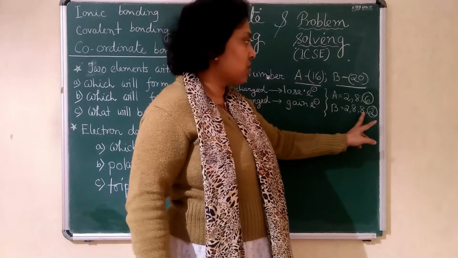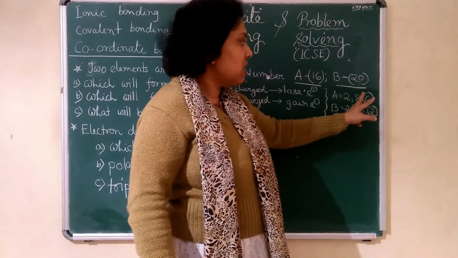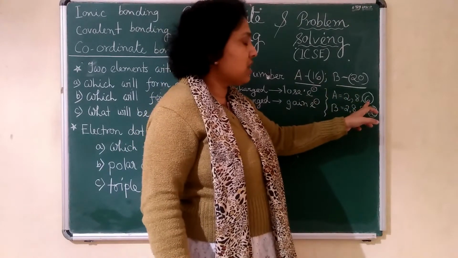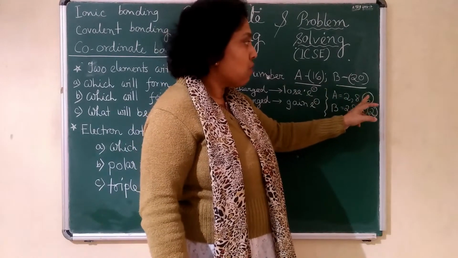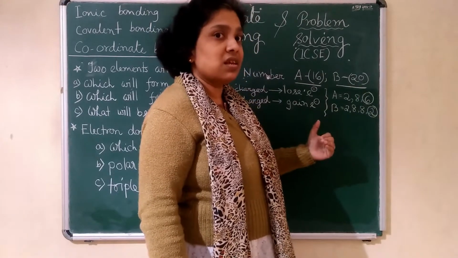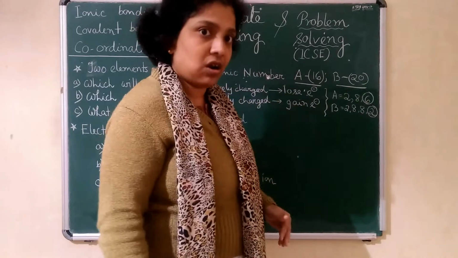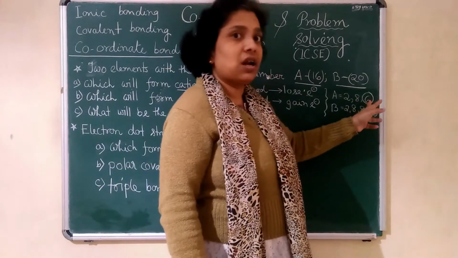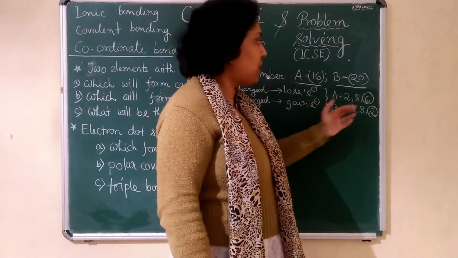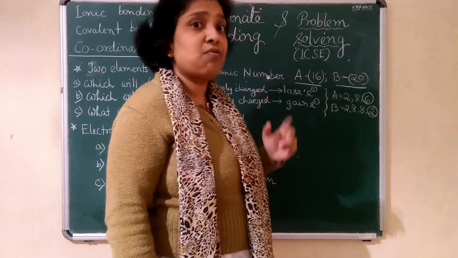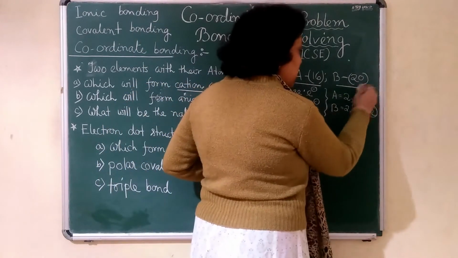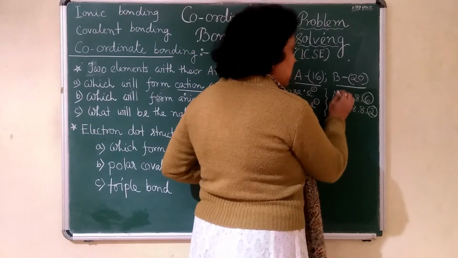Easy to lose. And here for A, the last shell has 6 electrons. For A, gaining electrons is easier than losing 6 electrons. So it already has 6 electrons, it will accept 2 electrons, and then it will get the argon configuration again. So A will gain 2 electrons.